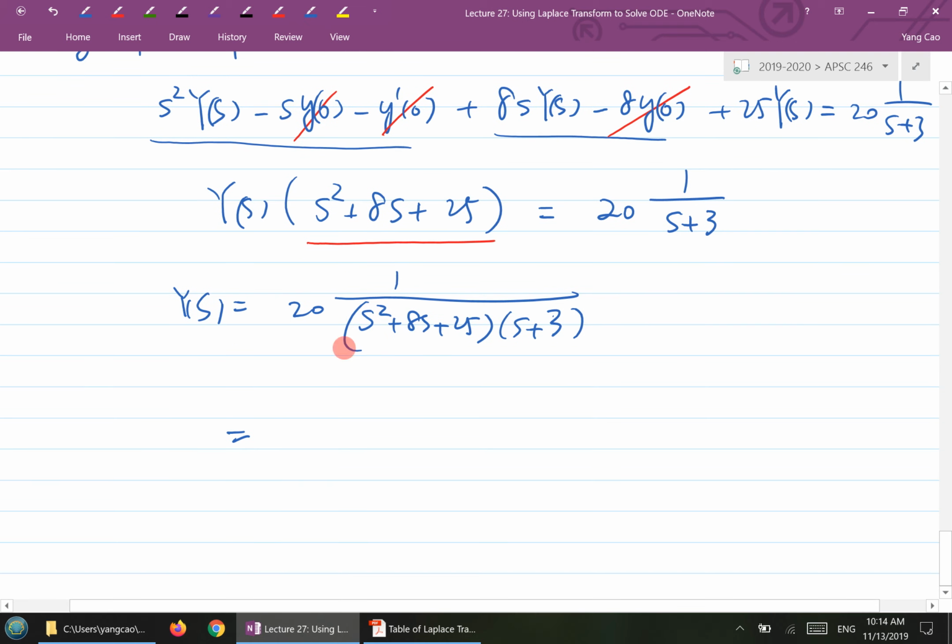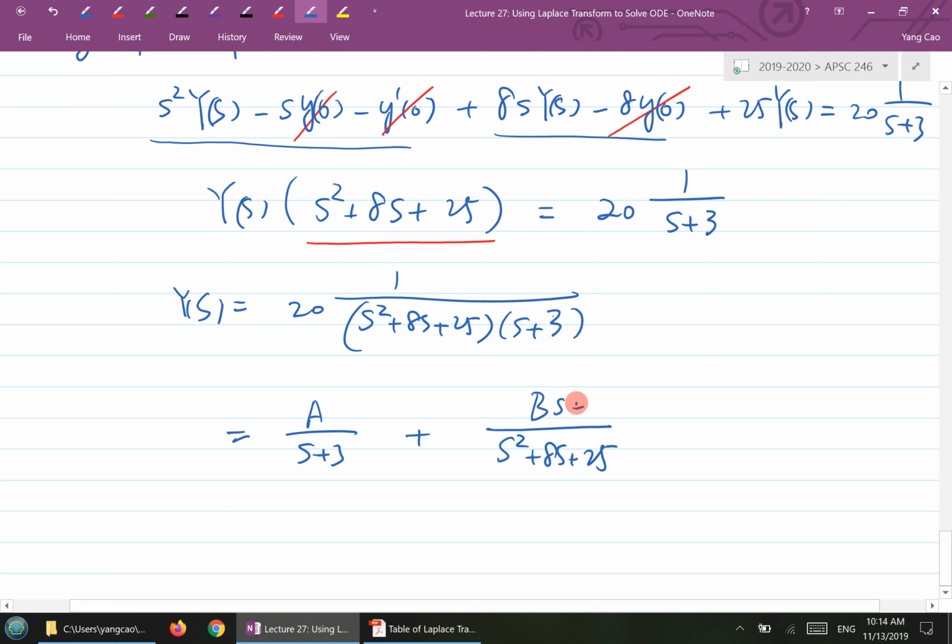You can't break it down into a multiplication of 2 factors anymore. Okay? So what you do is, from here you do a fraction expansion. You have A over s plus 3, that's basically the term associated with that. And then you have Bs plus C over s squared plus 8s plus 25.